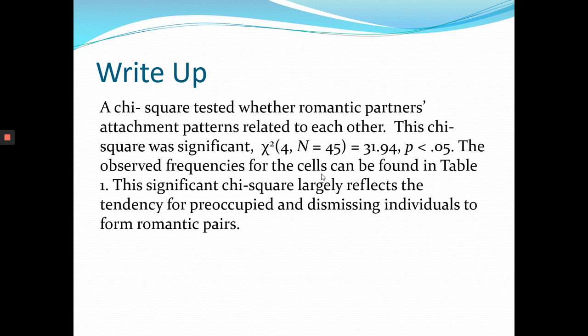And so it meets the dismissing person's view of the world, and also unfortunately, it kind of meets the expectations of a preoccupied person's. So a preoccupied person's view of the world is that they're out of control and they're emotional, and they need to fight to keep relationships going.